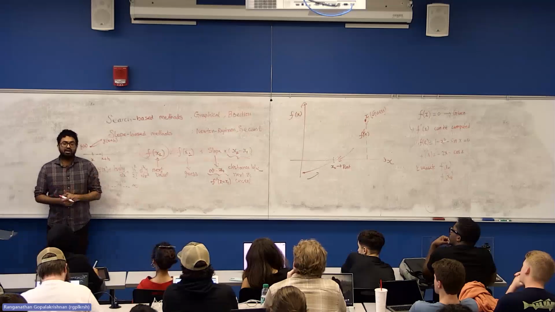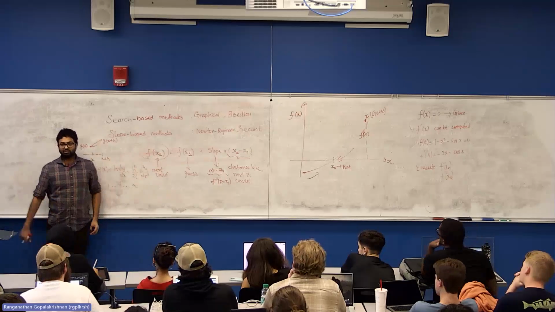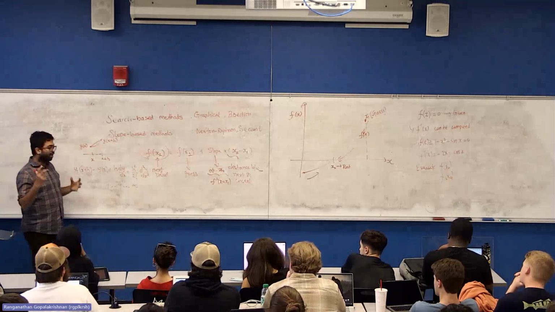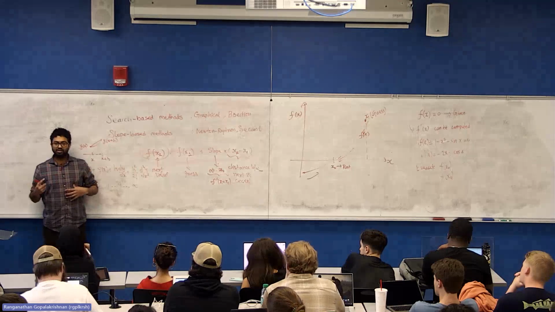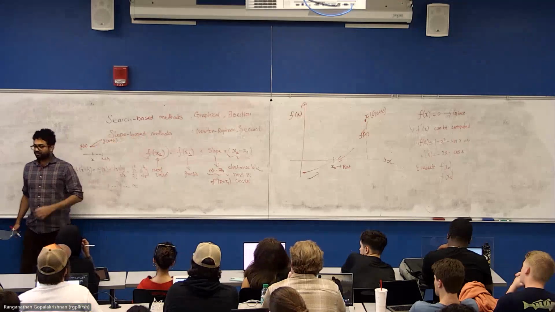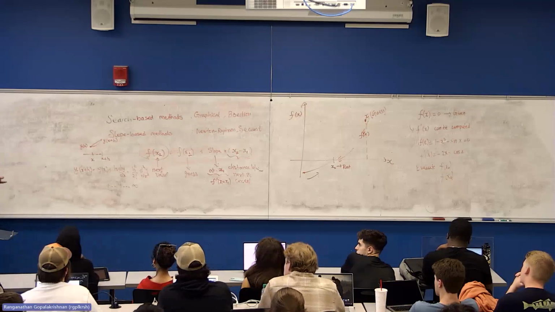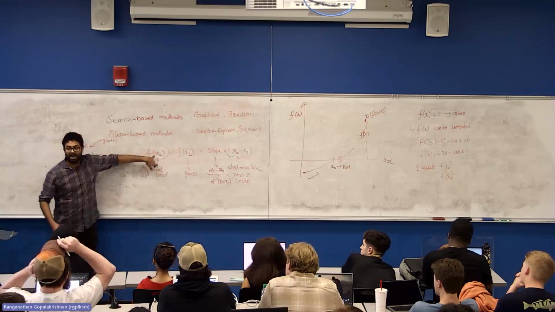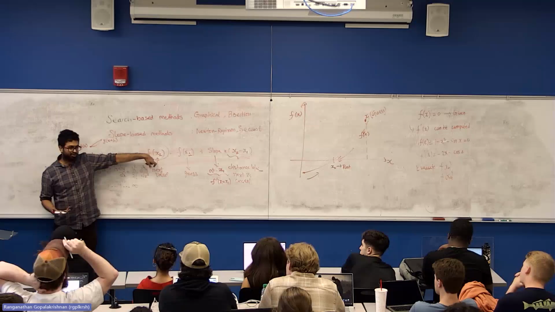Now you tell me, how should I pick my next value such that I go towards my root? If by some lottery, my next pick turns out to be the root, what will be the value of f of x2? Louder, please. 0. If x2 happens to be the root, which is the goal, f of x2 is expected to be 0. Would you agree?